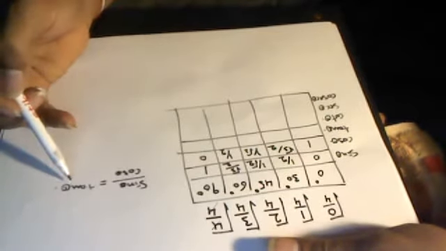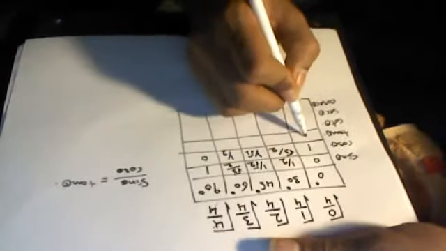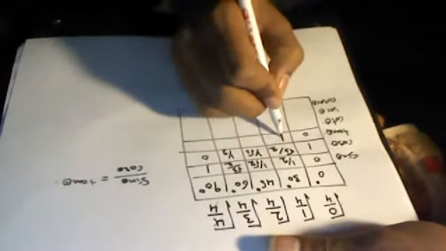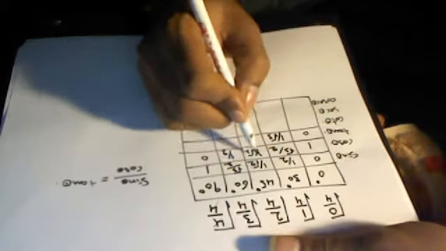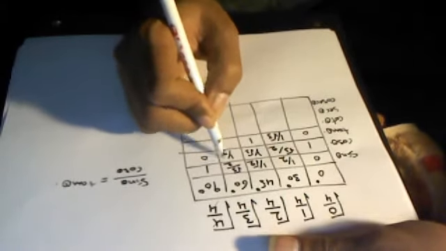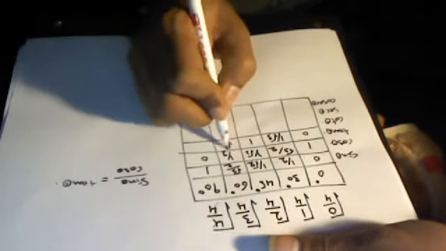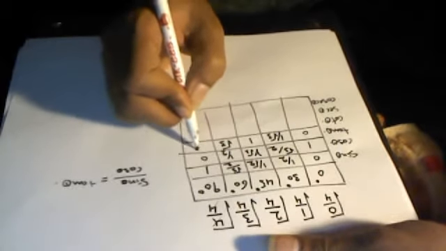Sine 0 is 0, cos 0 is 1, so 0 over 1 gives you 0. Similarly, 1 over 2 divided by root 3 over 2, the 2s get cancelled, giving you 1 over root 3. Similarly, 1 over root 2 divided by 1 over root 2, they get cancelled, giving you 1. And once again, root 2 at the denominator gets cancelled, and you are left with root 3. Finally, 1 over 0, which you know is infinity.